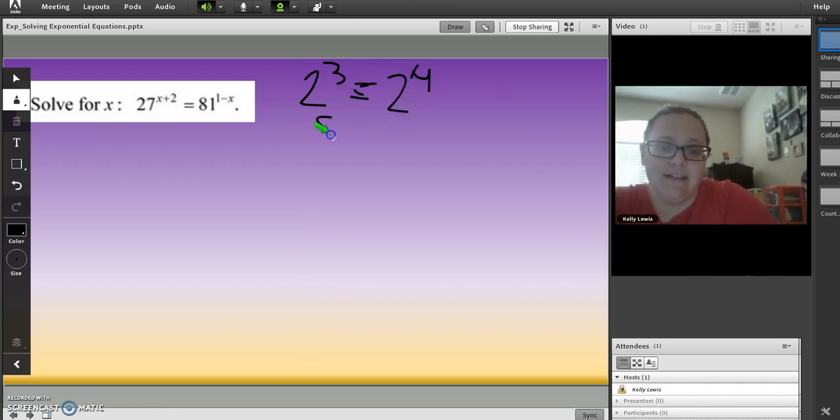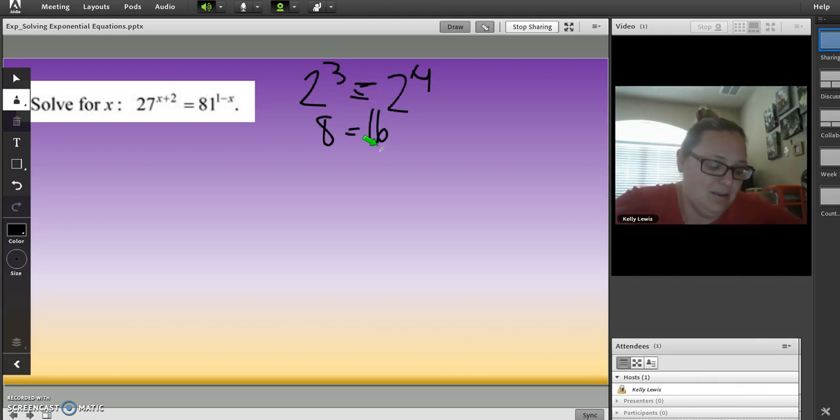Well, 2 to the third is 8, and 2 to the fourth is 16. So that's not 27 and 81, but that's where we're going. Let's try 2 to the fifth. That's 32, it's too big now. 2 to the fourth is 16, too small, and 2 to the fifth is 32. It's not 27. So maybe let's try 3.